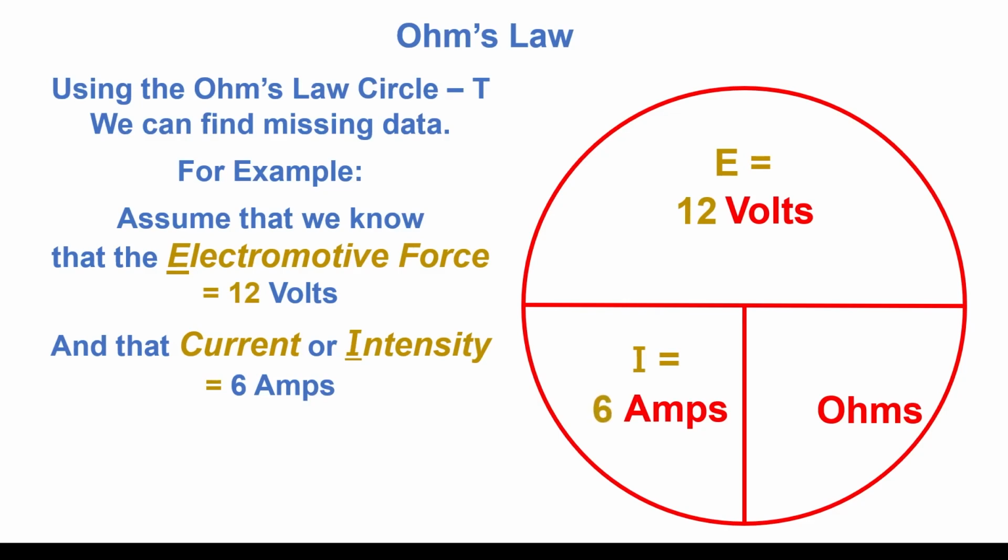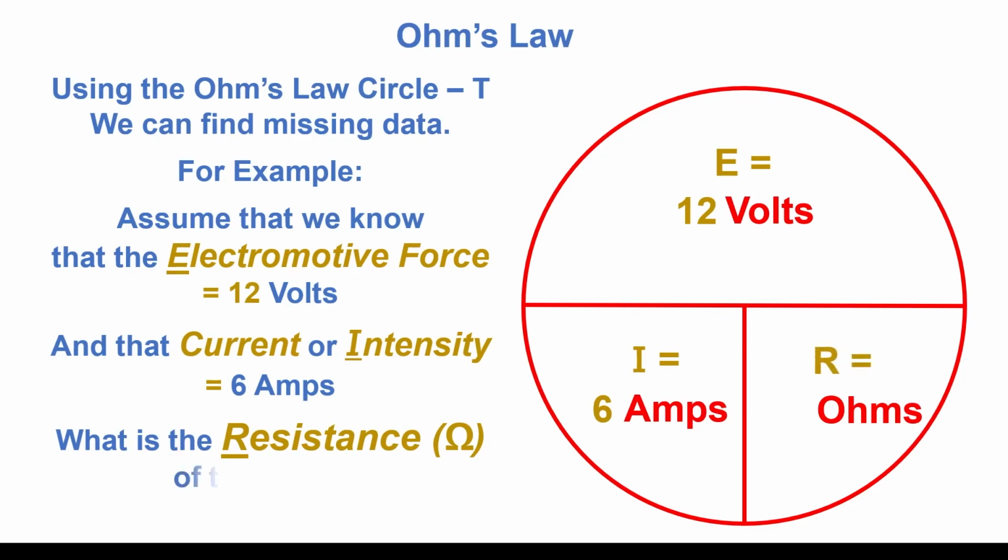If we know those two pieces of information, the circle T tells us what to do. To find the resistance, we can simply divide the information we have: 12 volts divided by 6 amps. 12 divided by 6 is 2 ohms. That is basically what Georg Ohm discovered.